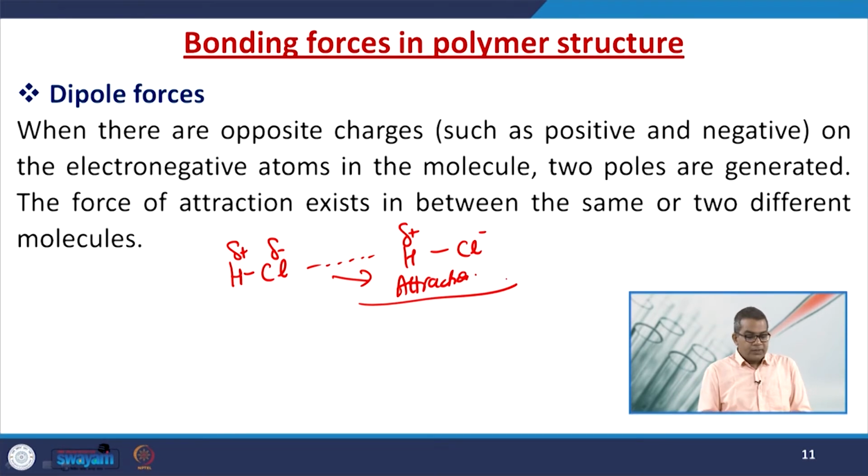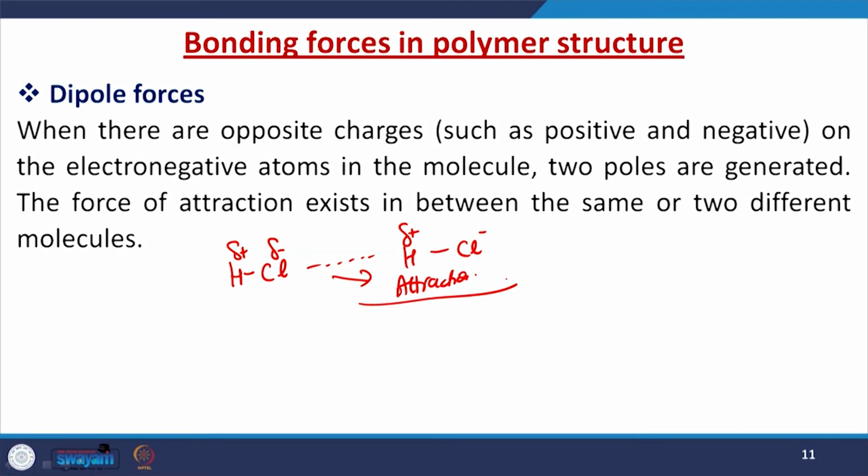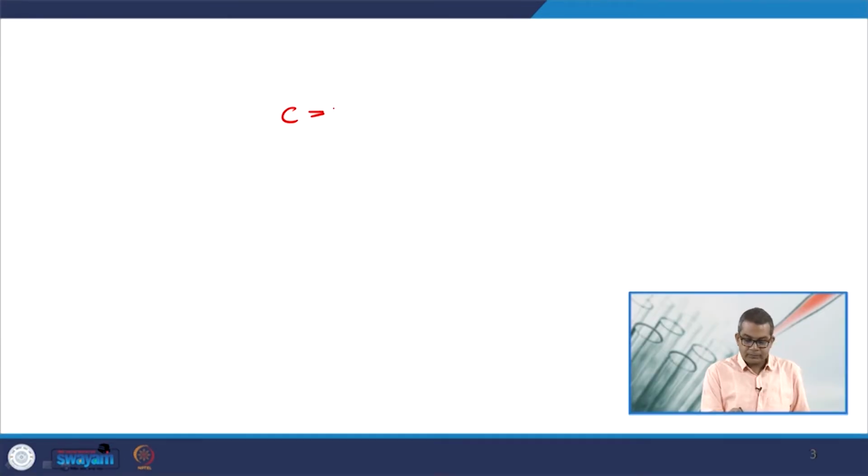Now, to be more precise, if you would like a practical example of this dipole interaction, let us move to this blank sheet. Now here you see that this dipole force is represented as delta. Now, this represents the interaction or bonding.